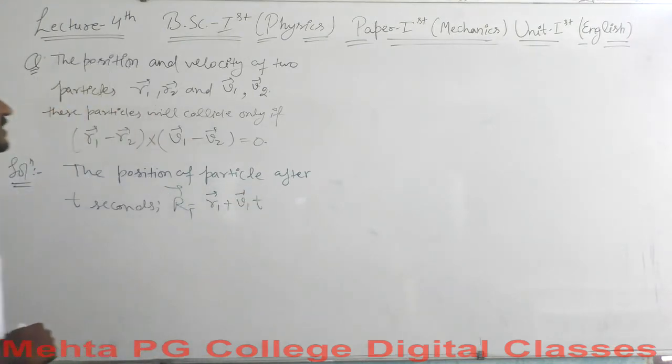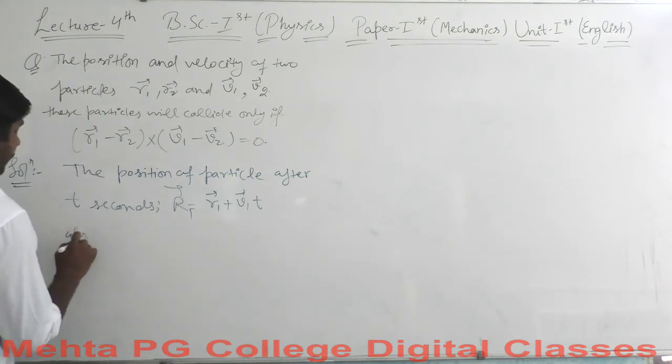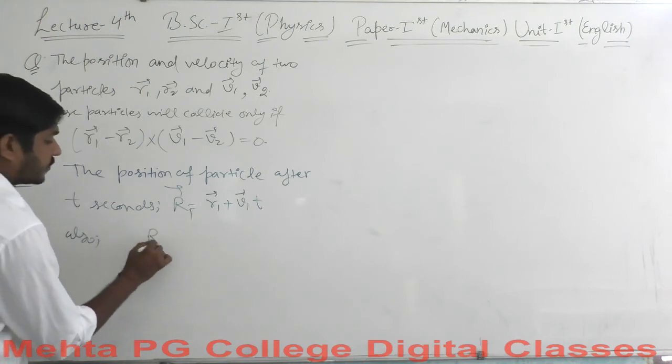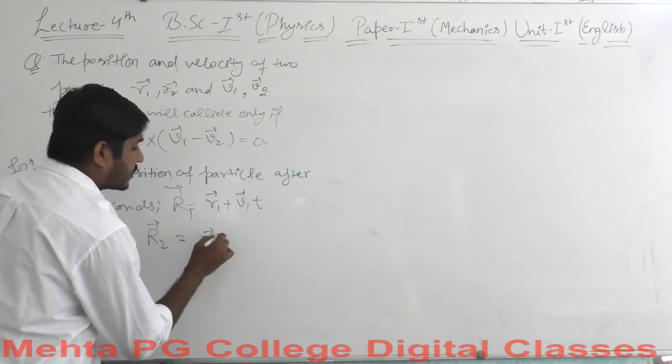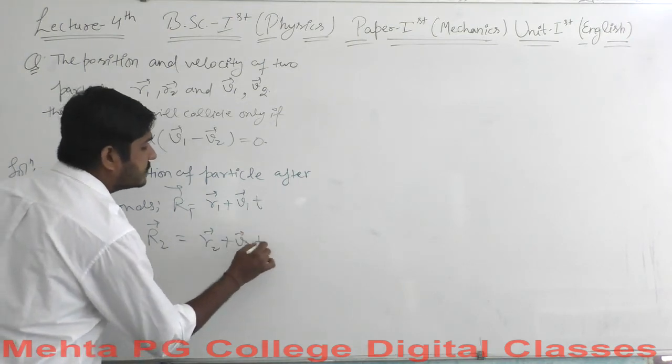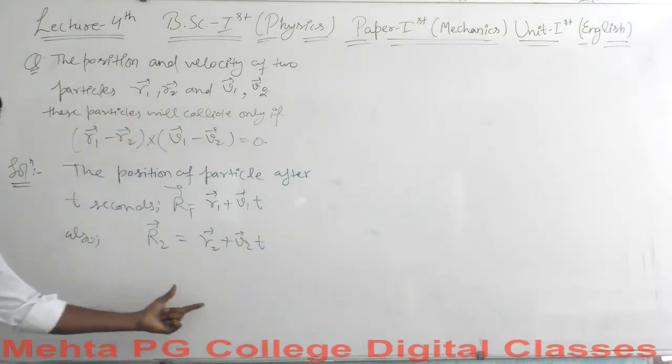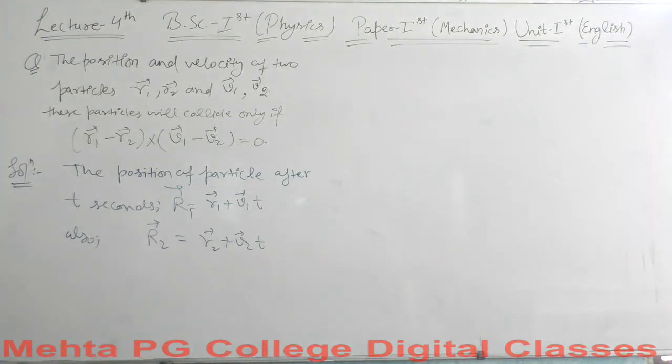This is the position for the first particle after t seconds. Also for the second particle, r2 vector becomes r2 vector plus v2 vector t. So these are the new position vectors after t seconds.